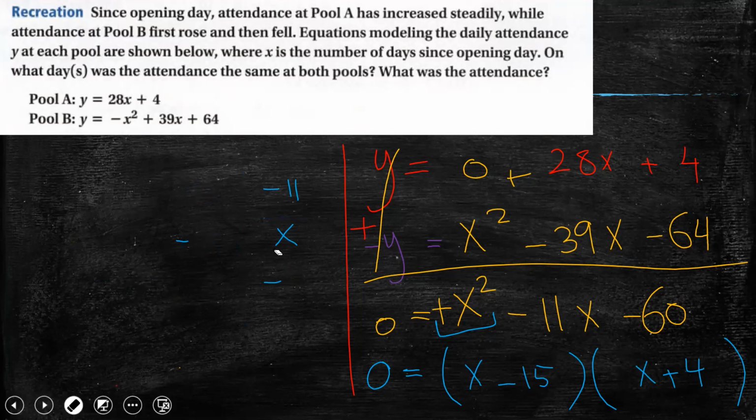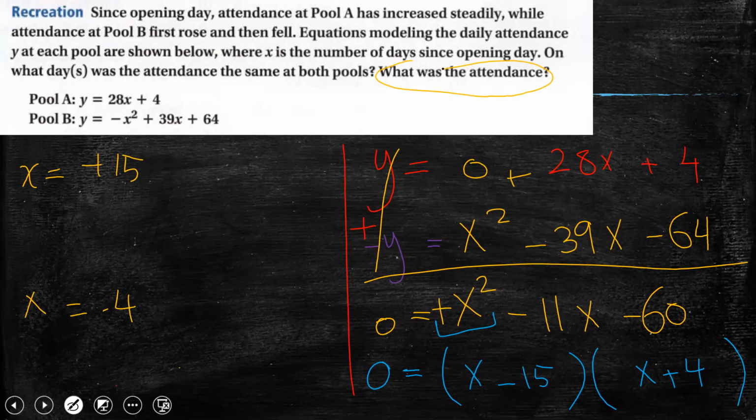So what are the values of x here? Positive 15, negative 4. Now, this x is which day? It means after 15 days or after negative 4 days. Before I continue to find the attendance, can a day be negative?